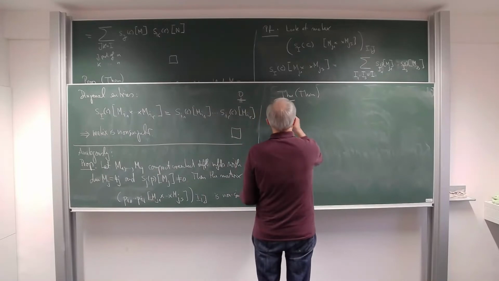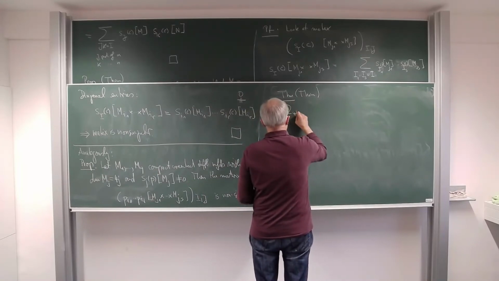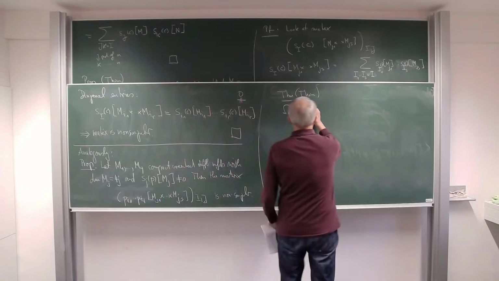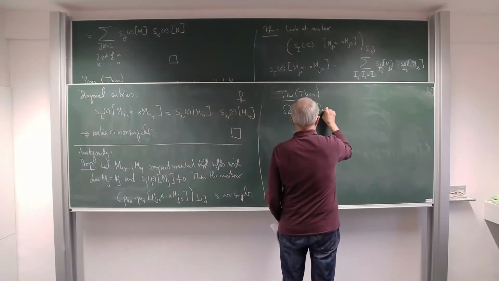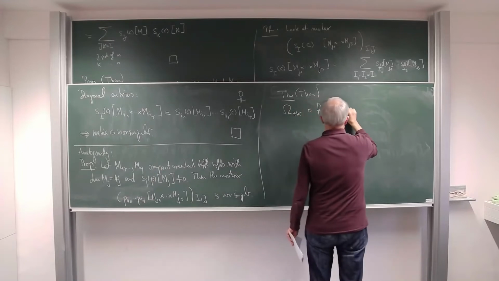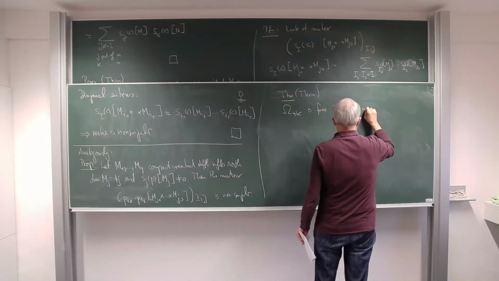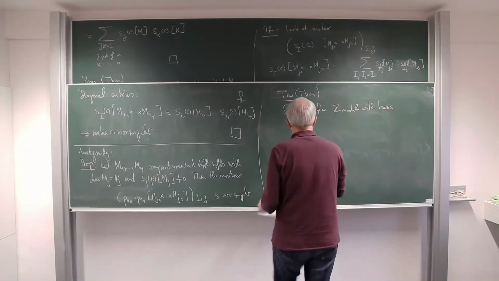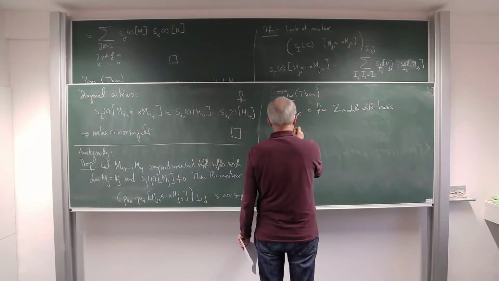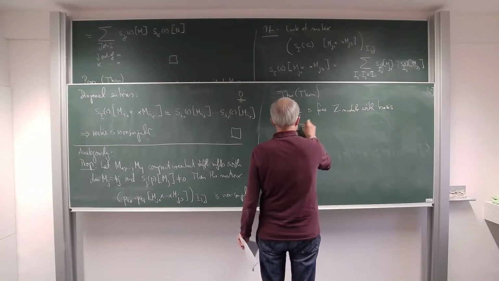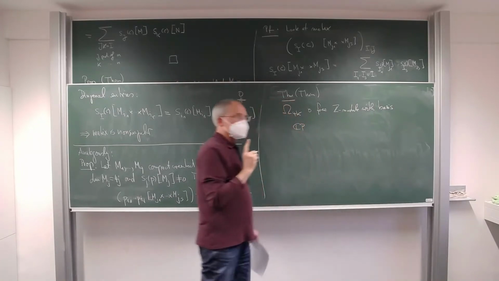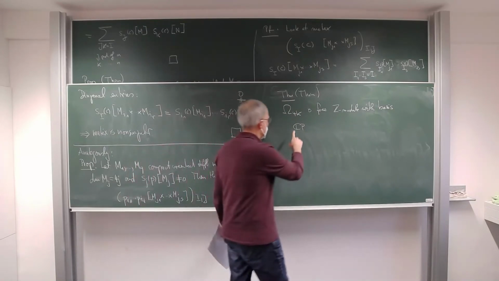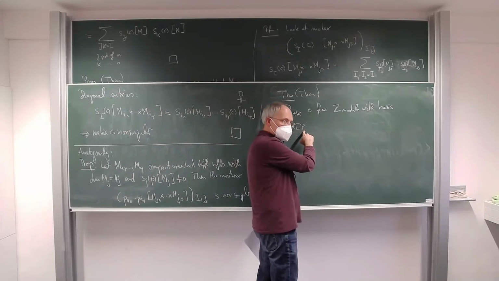And the statement is now: Omega_4k, that's an abelian group, remember, is free as a Z-module with basis given by a product of complex projective spaces. The real dimension must be divisible by 4, so we have to take complex dimensions which are even here.